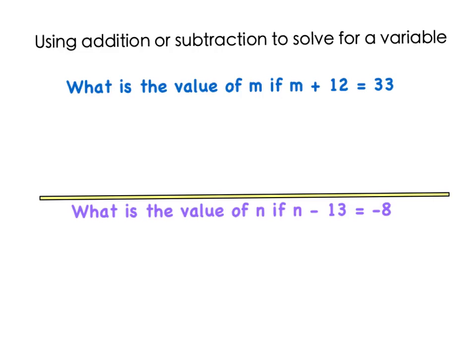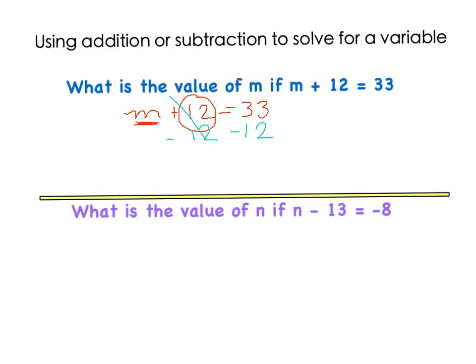So I'm going to rewrite it here. This says m plus 12 equals 33. Now, they added 12 to get 33, so our goal is to try to get m by itself. So we've got to get rid of this 12. Well, if they added 12, we're just going to do the opposite, which is to subtract 12. So we're going to minus 12 here and minus 12 here.